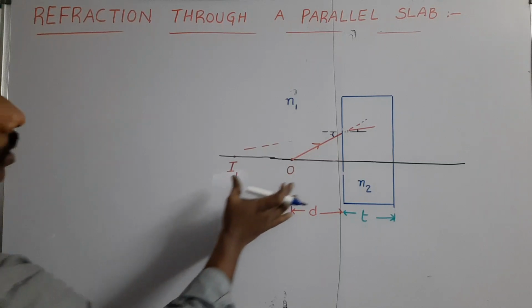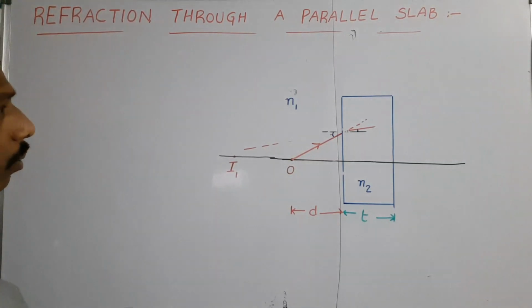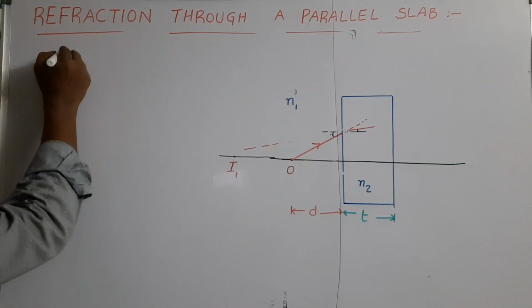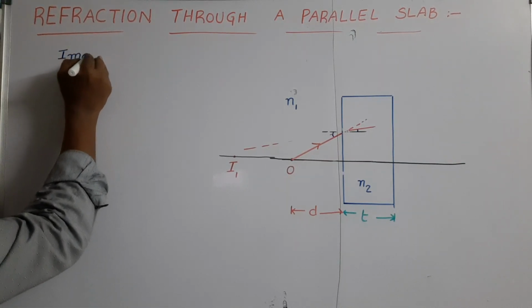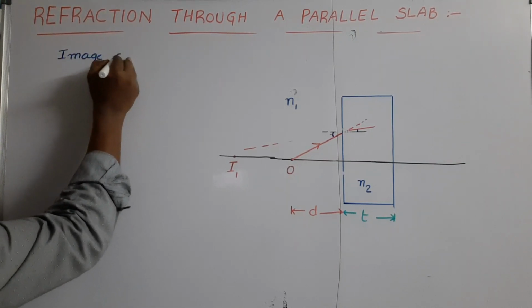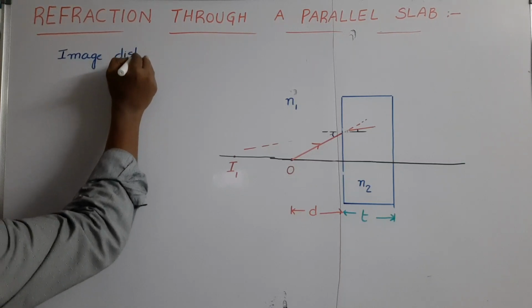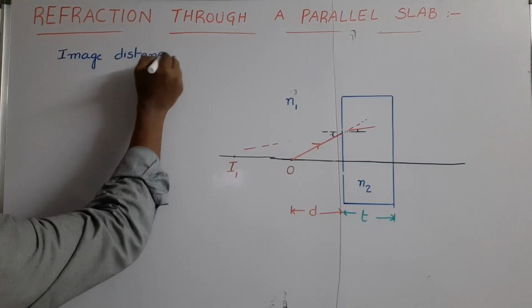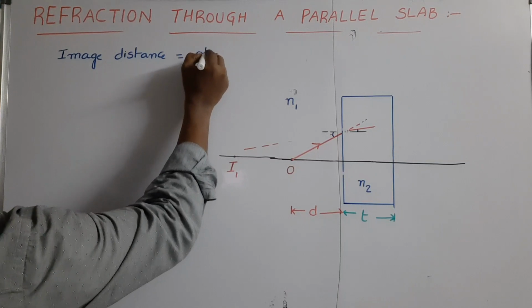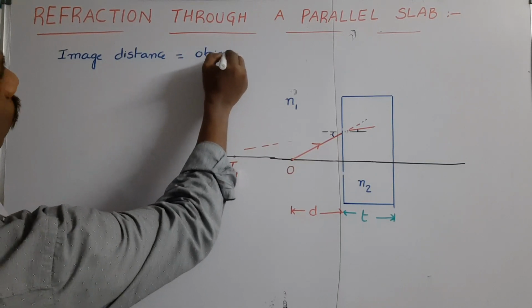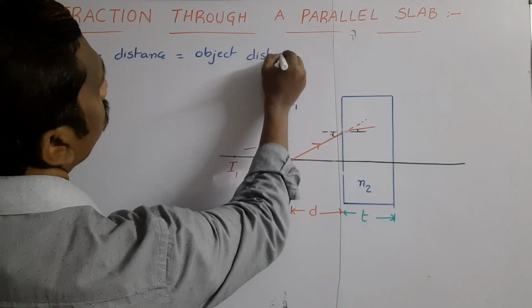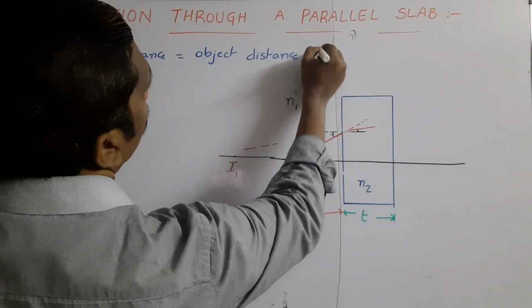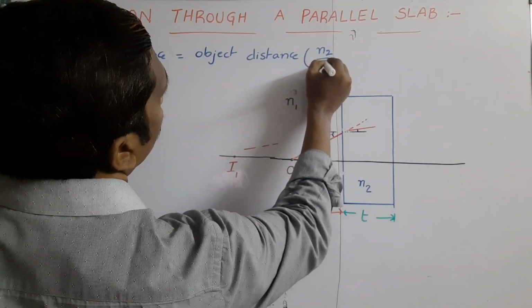Next. At the first surface, what is the image distance from the first surface? From the first surface, image distance is equal to object distance times n2 by n1.